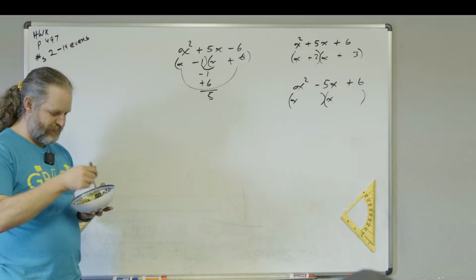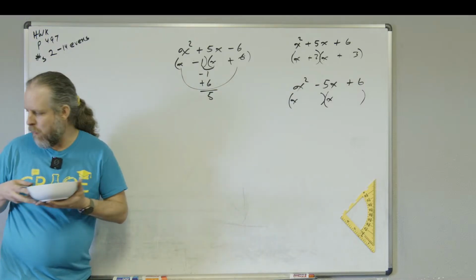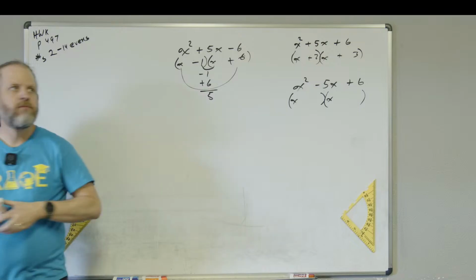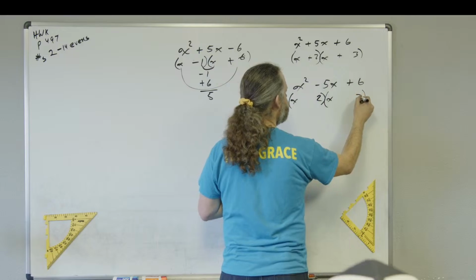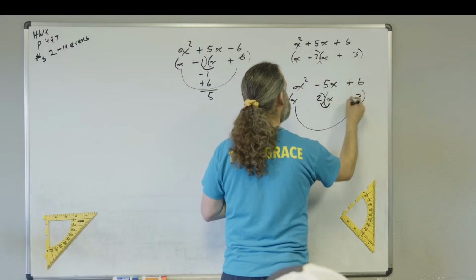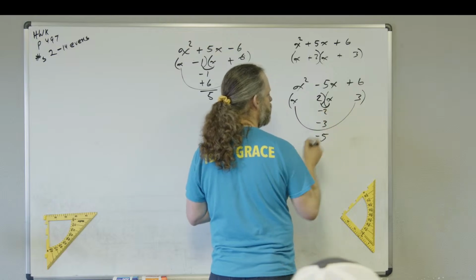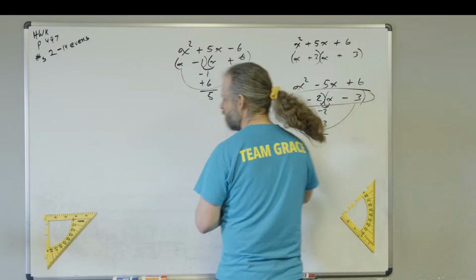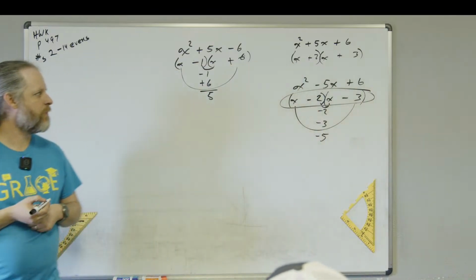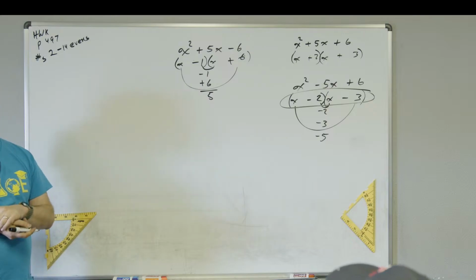It's definitely factorable. Oh, I know. It's x minus 2 and x minus 3, because negative 2 times negative 3 is positive 6.